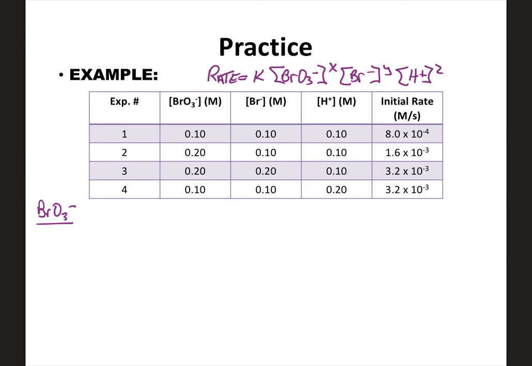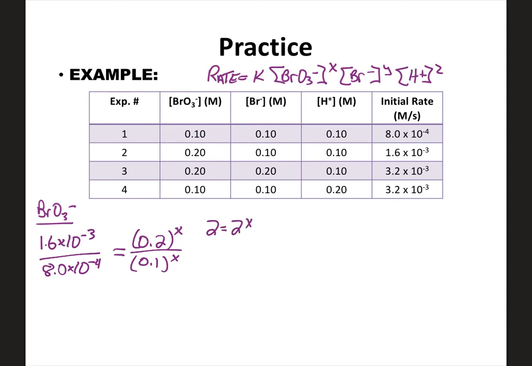So the rate for experiment 2 is 1.6 times 10 to the minus third, all over the rate for experiment 1, which is 8.0 times 10 to the minus fourth, equal to the concentration here for experiment 2 for the BrO3 minus, which is 0.2 to the power of X, all over 0.1 to the power of X. All right, so essentially here, when I do the math, I get 2 equal to 2 to the power of X. So essentially when I doubled the concentration, the rate doubled, so that's going to be X equal to 1.